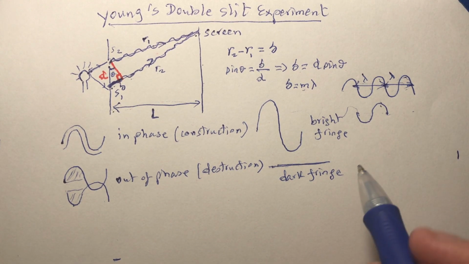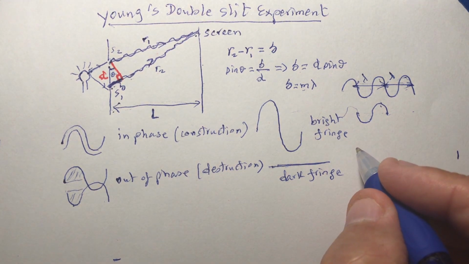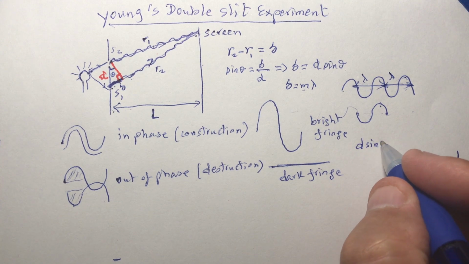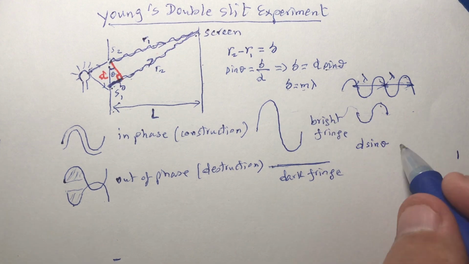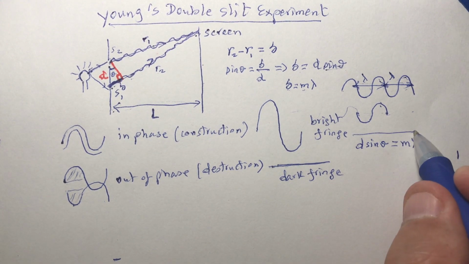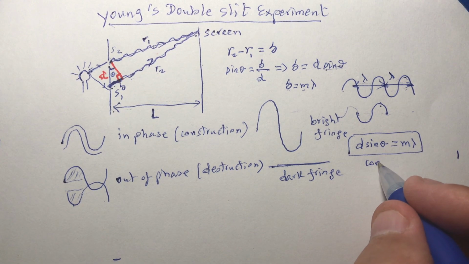So what we can write is d sine theta, which is here, is equal to delta, but delta is m lambda. And here we put construction.